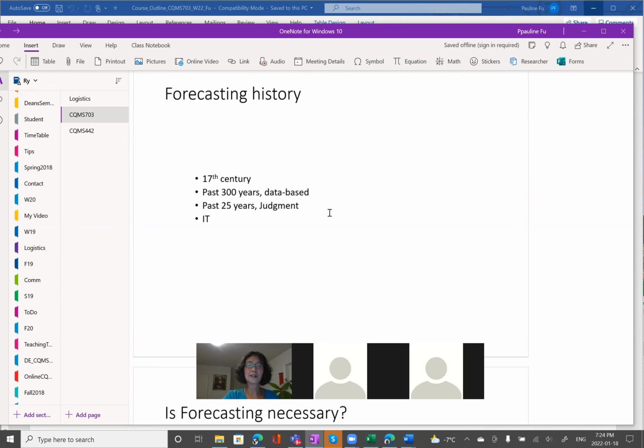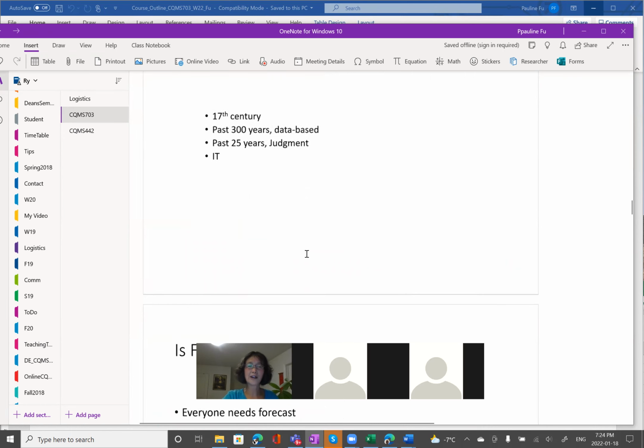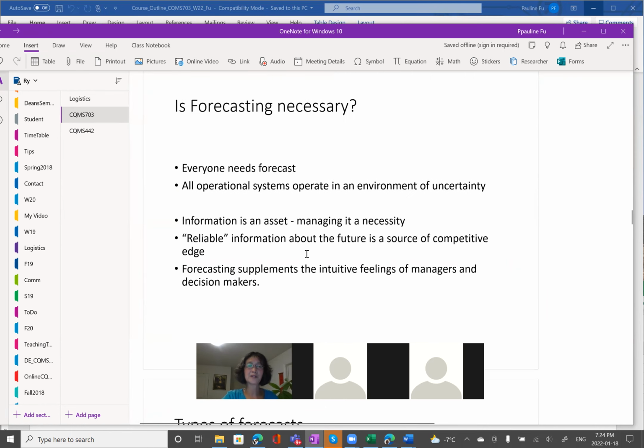Therefore, forecasting is a combination of objectives, methods, assessment, and even conclusions. We combine those aspects together to make final decisions. Information technology also plays a huge factor in making forecasts. So that is a brief history of forecasting.